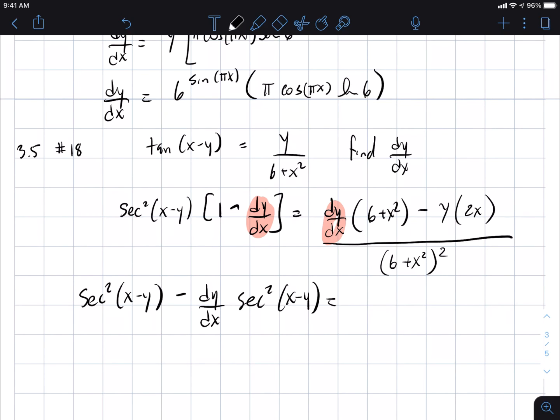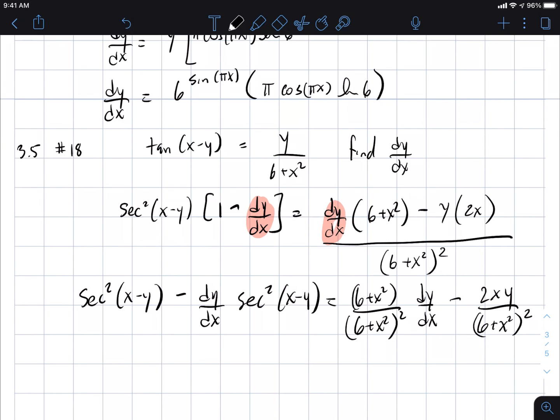So I'm going to have 6 plus x squared over 6 plus x squared squared dy dx minus 2xy over 6 plus x squared squared.